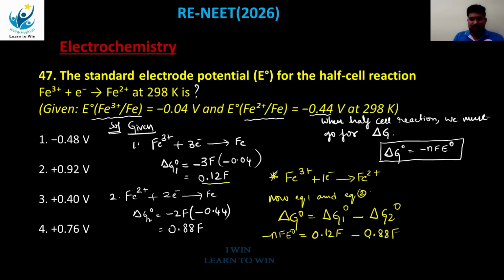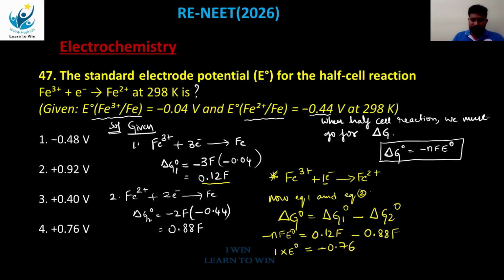Now the F will be cancelled. Next, for the first reaction, we are having only 1 electron. So 1 into E naught is equals to, when we do the subtraction, how much are we going to get, my dear students? That is minus 0.76. Is that clear?